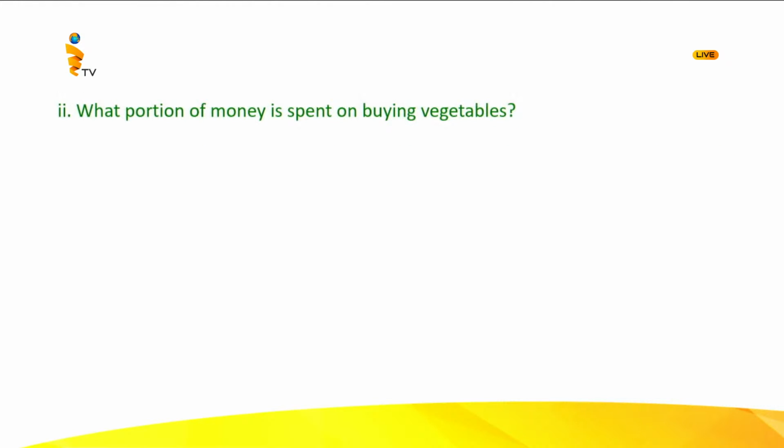What portion of money is spent on buying vegetables? They tell they are going to spend 1/4 of the remaining amount. In the earlier question, we found that the remaining amount of money after buying fruits was 2/3. That means you are going to spend 1/4 of 2/3.